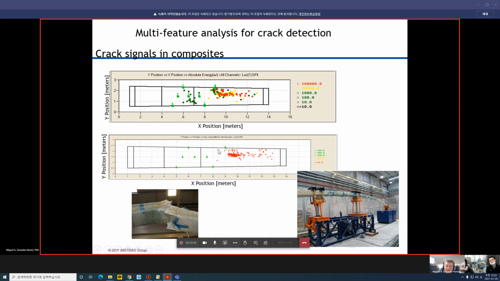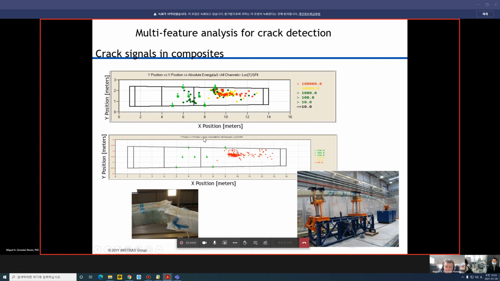In this second plot, we are plotting again the Y position versus the X position, but now instead of using the absolute energy, we are plotting the frequency centroid of the signals.